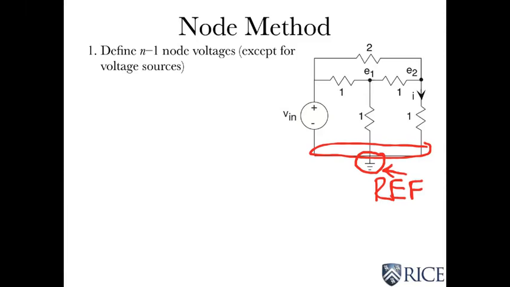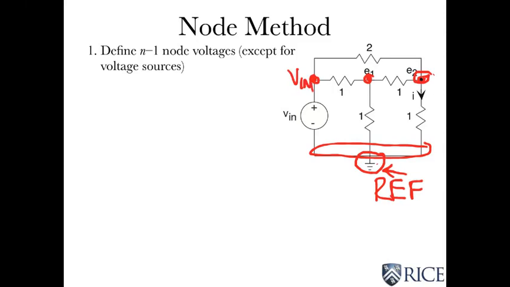And I have defined node voltages at almost all the other nodes. So here's a node here, a node here, and a node there. And what these voltages E1 means is the voltage between that node and the reference. E2 means the voltage between this node and the reference. And since the voltage source is attached to this node and the reference, we know that this node voltage is Vn, so I don't need to define a node voltage there.